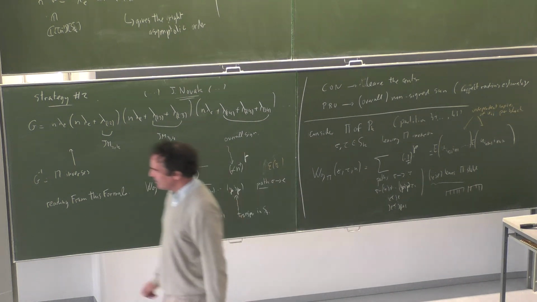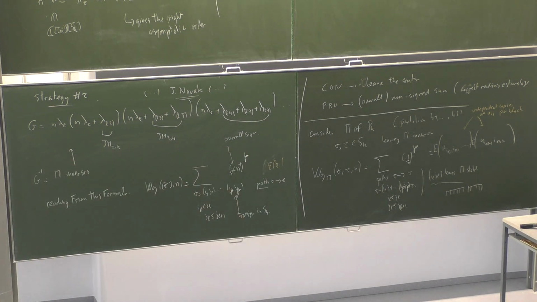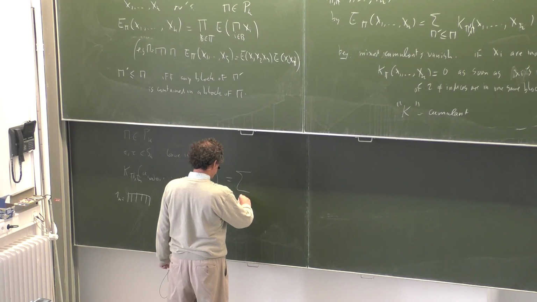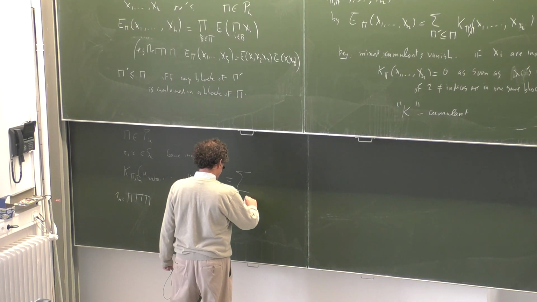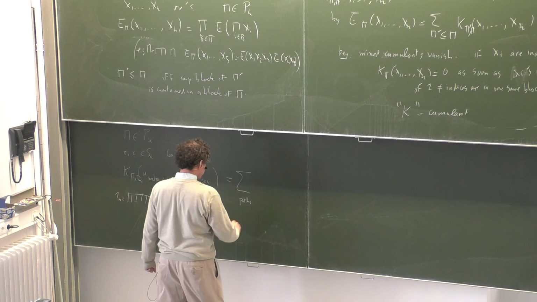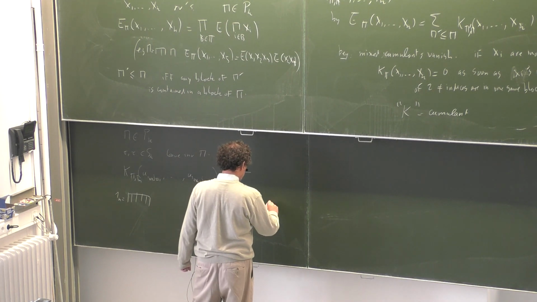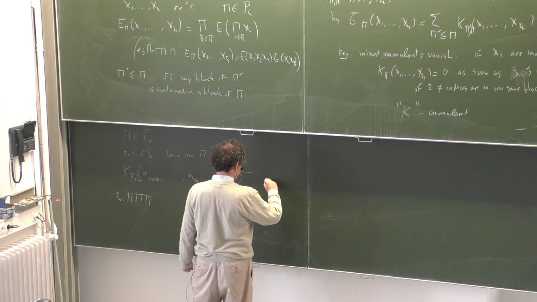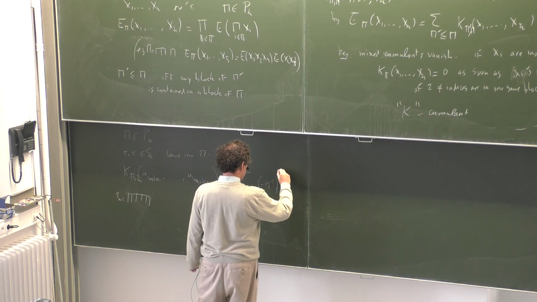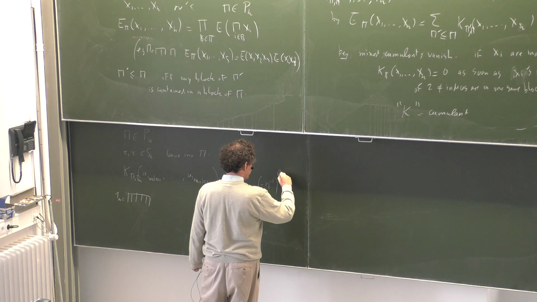So that's going to be the sum over paths, again paths between sigma and tau, as before, and n inverse to the power minus n inverse, where I will call the length of the path.